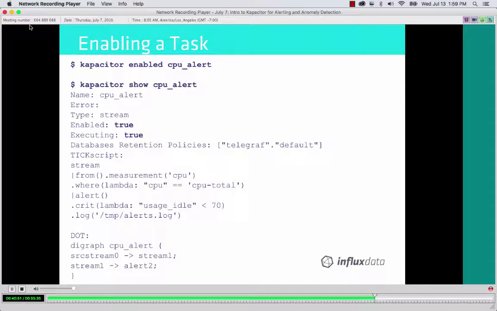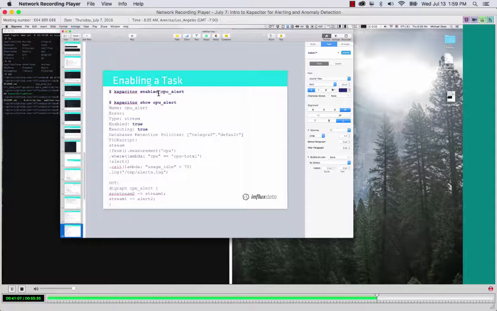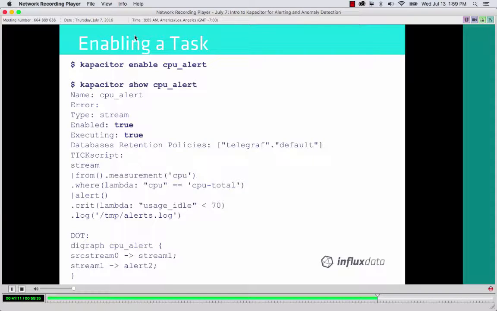Now that we have our task in there, we can enable our task, and to do that we issue a kapacitor space enabled space. Maybe it should be enable, that's a typo of mine. Let's fix that. So kapacitor enable cpu_alert.